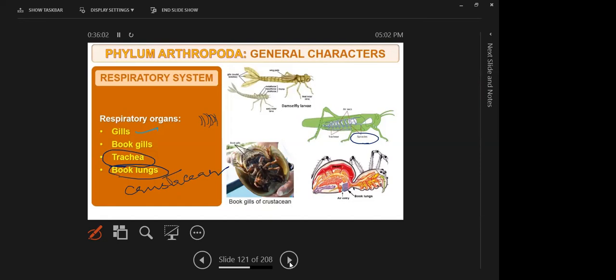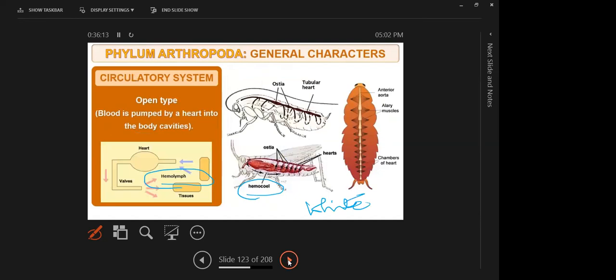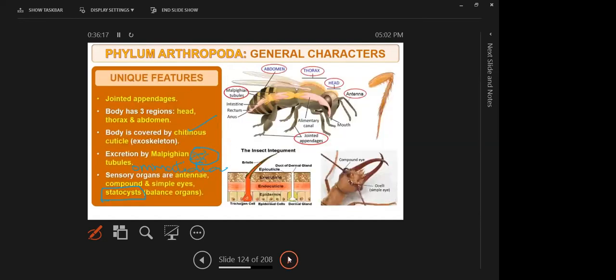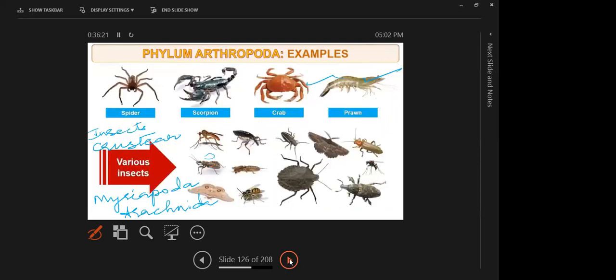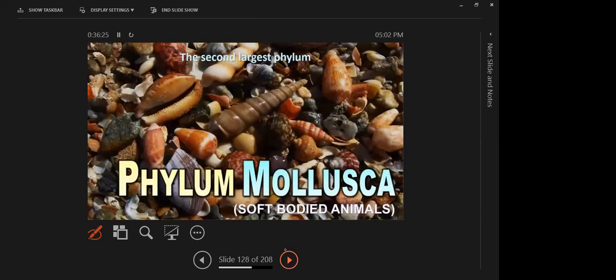Basically, we get to see both kinds. So tracheal tubules and book gills. They are invertebrates. And what is the exoskeleton? Chitinous exoskeleton.